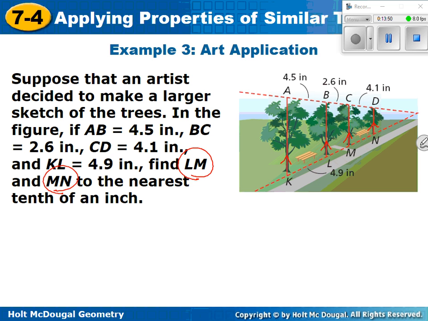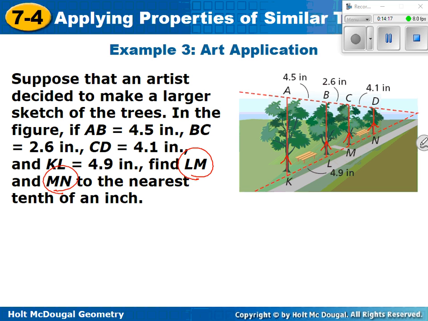Okay, KL over LM. Or AB over CD would be proportional to KL and MN. Or BC over CD would be proportional to LM over MN. So any of these 2 pieces will be proportional to any of the corresponding 2 pieces.